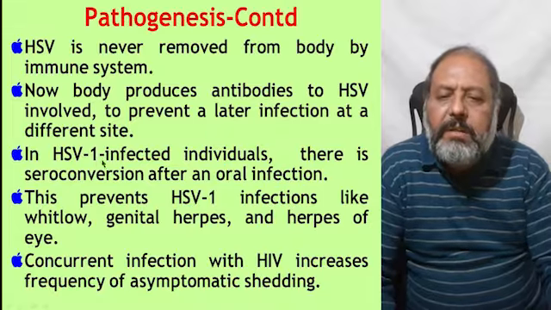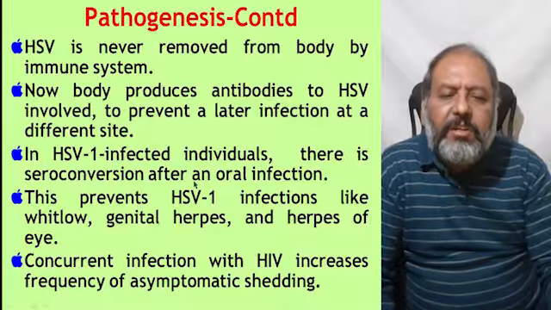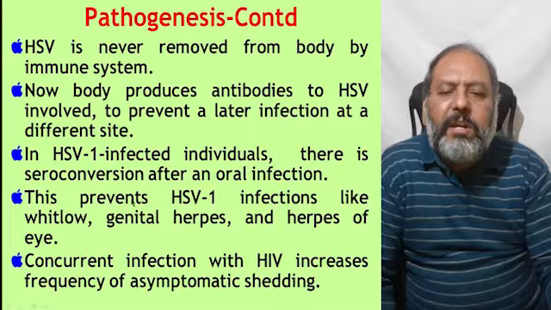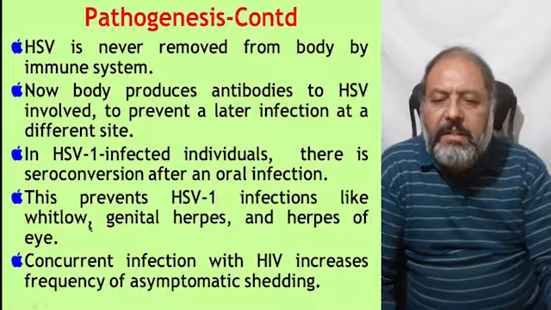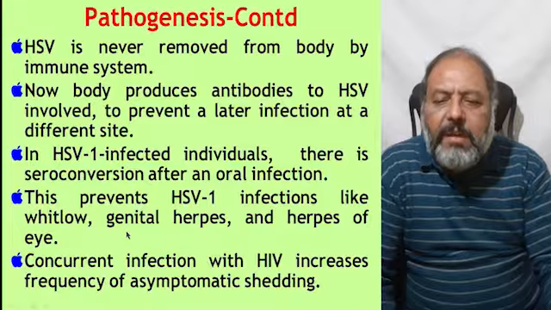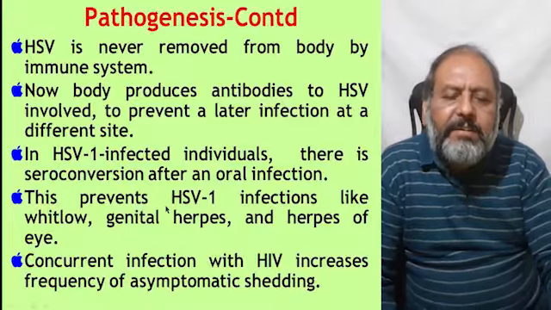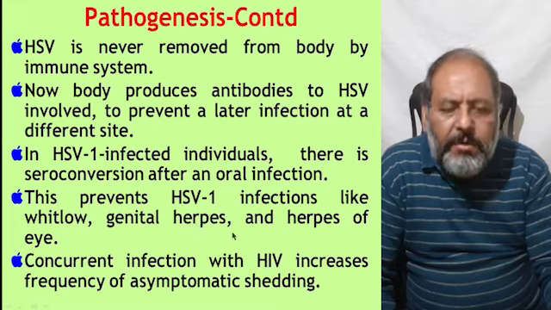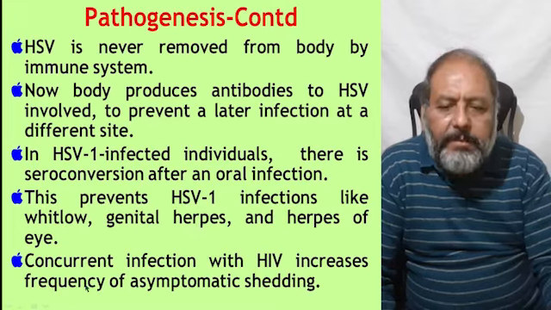In an HSV-1 infected individual, there is seroconversion after an oral infection. This prevents HSV-1 infections like whitlow, genital herpes, and herpes of the eye. So the antibodies prevent the herpes from involving these parts of the body.